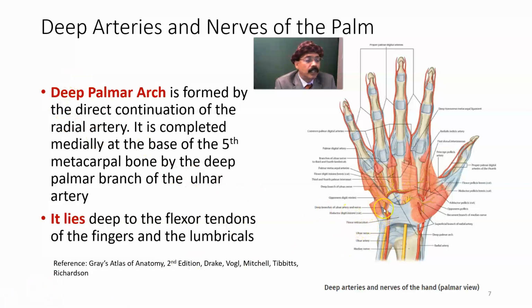This is the ulnar nerve here. It lies deep to the flexor tendons of the finger and the lumbricals. It is deep to the flexor tendons. It is a little bit proximal to the superficial palmar arch. The superficial palmar arch is around 1.5 to 2 centimeters distal to the deep palmar arch.